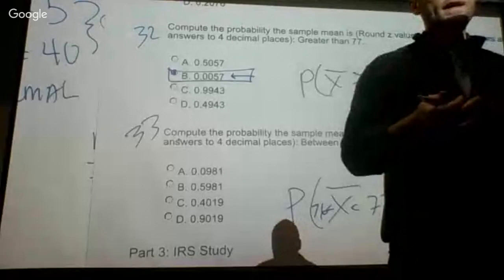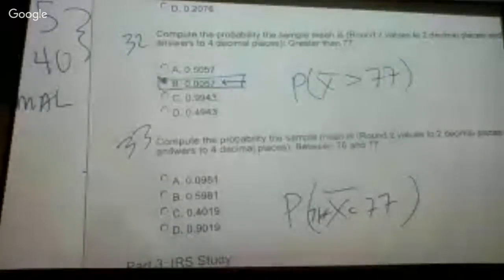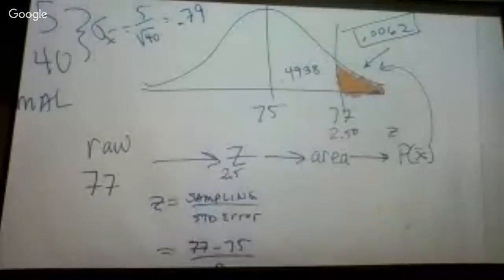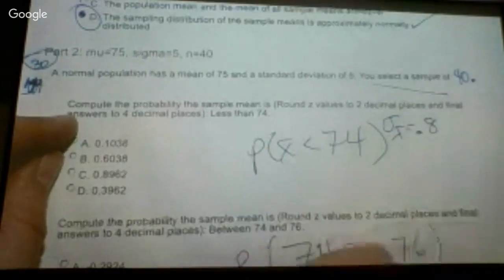Well, that's easy. In all of these problems, we're using the same standard error, which is approximately 0.8.